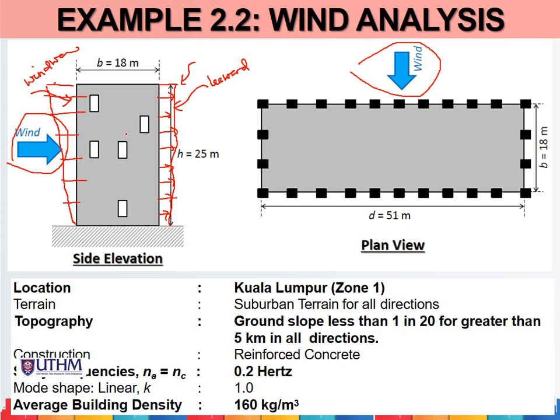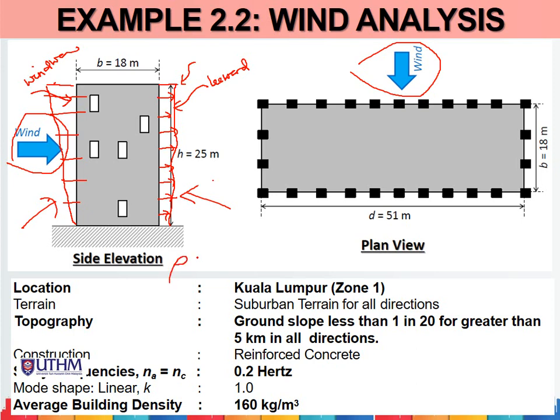So in this example, you need to calculate this pressure and also this pressure, the wind pressure on the windward side and the wind pressure on the leeward side, which later will be combined together. The equation for this example uses the analytical procedure.